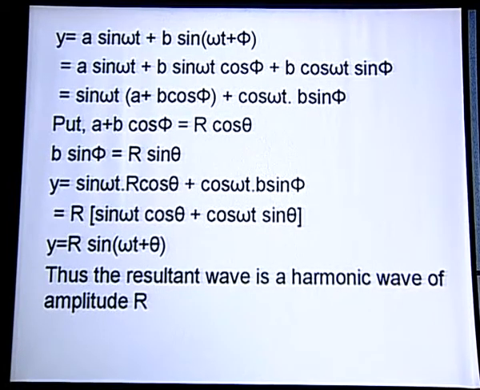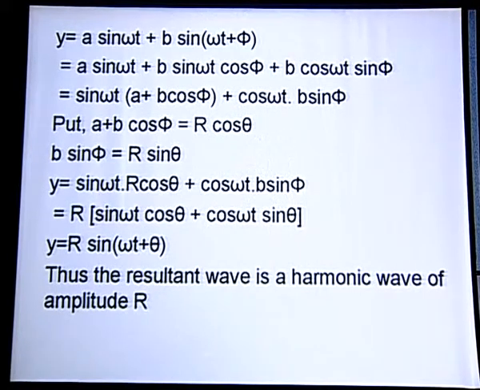So, y is the resultant displacement we are going to calculate, because the superposition principle says that when a number of waves superimpose upon each other, the resultant displacement is given by the vector sum. Therefore, this is a sin omega t plus b sin(omega t plus phi). If you open it with the sin(a plus b) formula, this is b sin omega t cos phi plus b cos omega t sin phi. Clear?